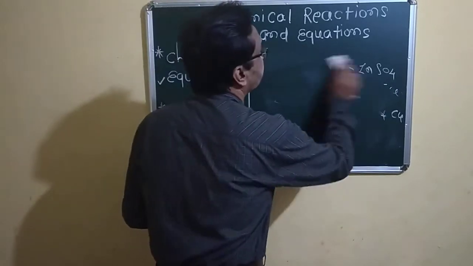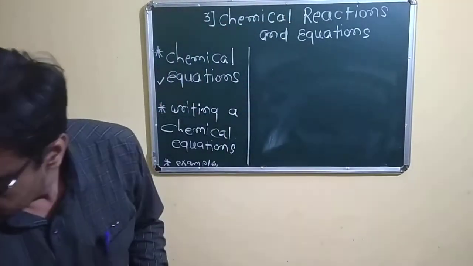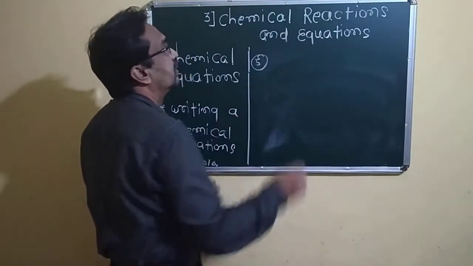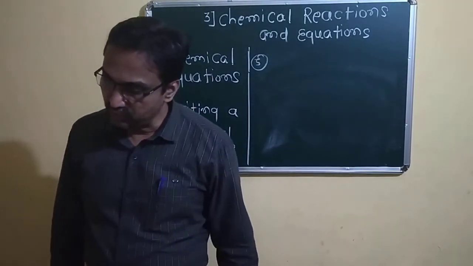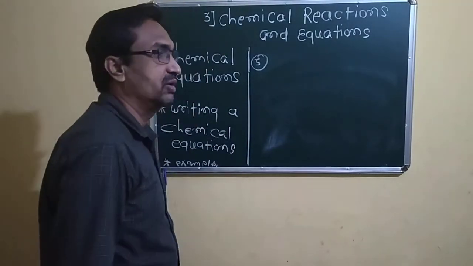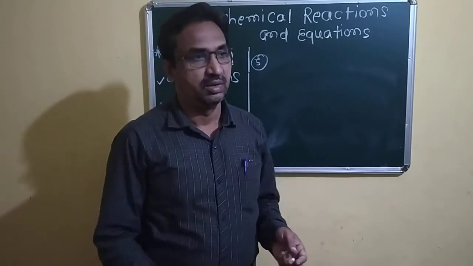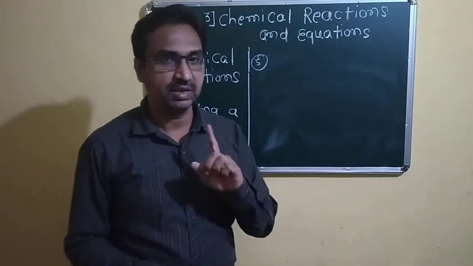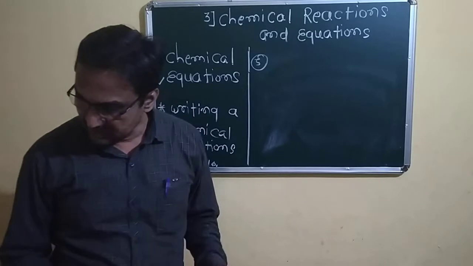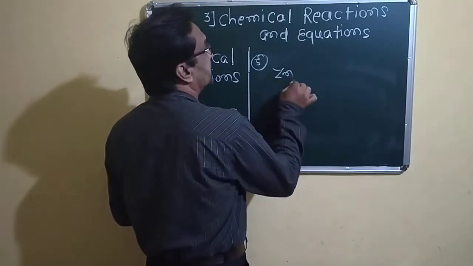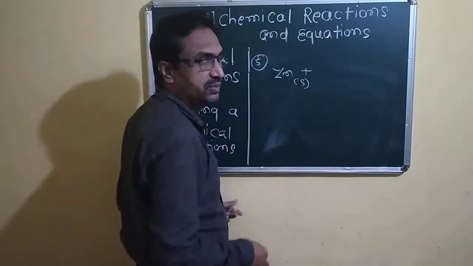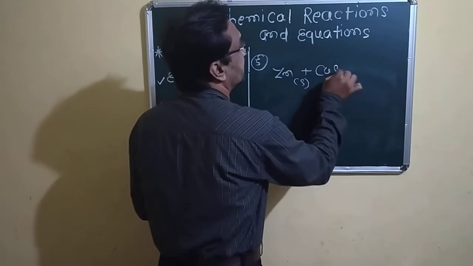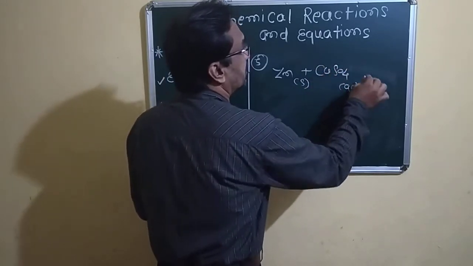The third one: to make a chemical equation more informative, you have to write down its physical state. In the same reaction we have taken, zinc is in solid form, so the physical state is solid, and copper sulfate is an aqueous solution, a water solution.